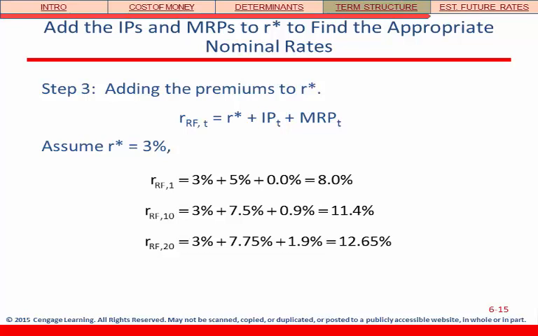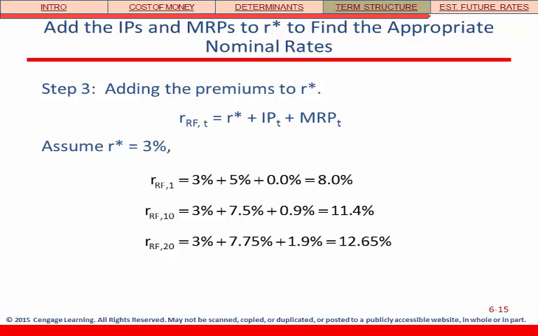So we're going to assume 3% for the real risk-free rate of interest, and that would be like what you might expect on a 90-day T-bill. And then we're going to add in the inflation premium, which we calculated for each one of these, and also the maturity risk premium. And then you arrive at what you would expect to get for each one of these.